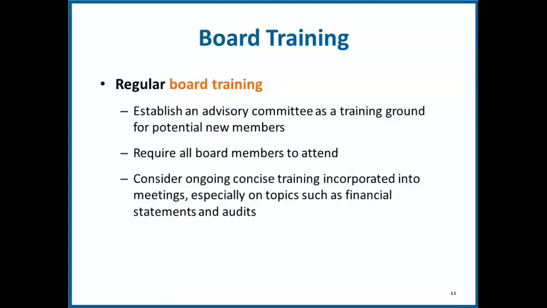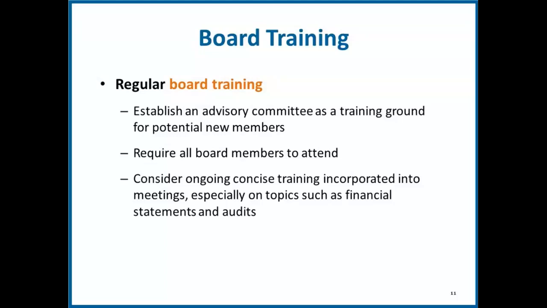Establishing an advisory committee as a training ground for potential new board members is always a good idea, as well as a benefit from input of potential donors and experienced board members who may have met term limits. Many organizations will undergo a board assessment as well, which identifies the needs and functions and compares them against your current board composition. You can always use that board assessment to look at training topics as well.